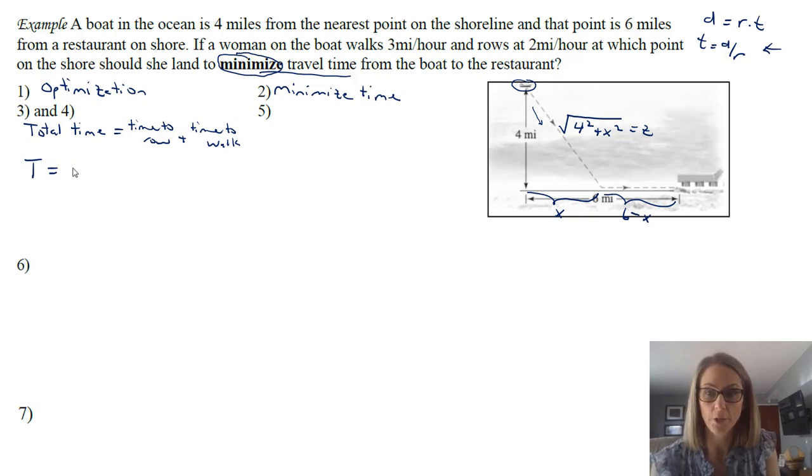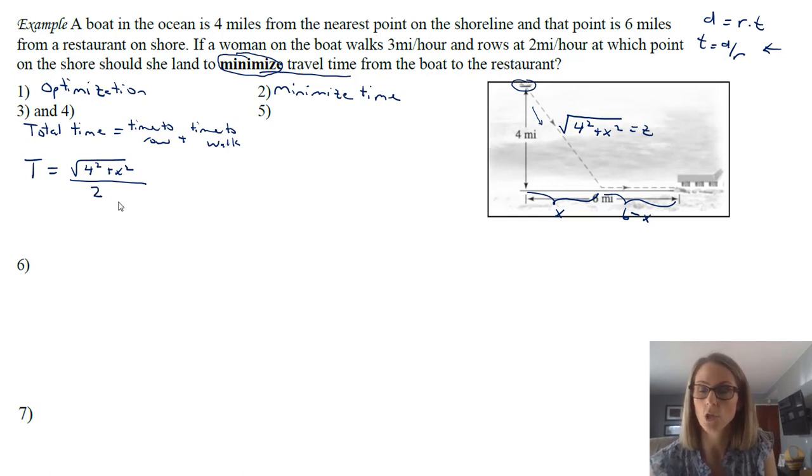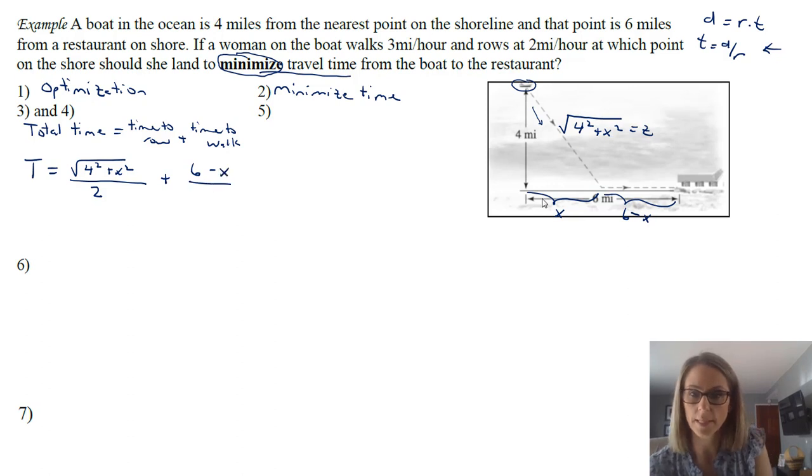So the time here is distance. Well, distance is what we just found for rowing: the square root of 4 squared, and I could change that to 16, plus x squared, divided by the rate, and we see that the rate is 2 miles an hour. And then we add to that the time to walk, and walking is 6 minus x, because that's this piece right here.